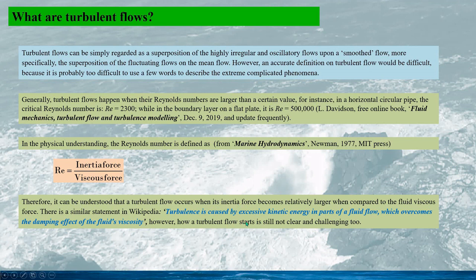There is a similar statement in Wikipedia on how flow turbulence is caused: turbulence is caused by excessive kinetic energy in parts of a fluid flow, which overcomes the damping effect of the fluid's viscosity. However, how a turbulent flow starts is really unclear and still challenging too.